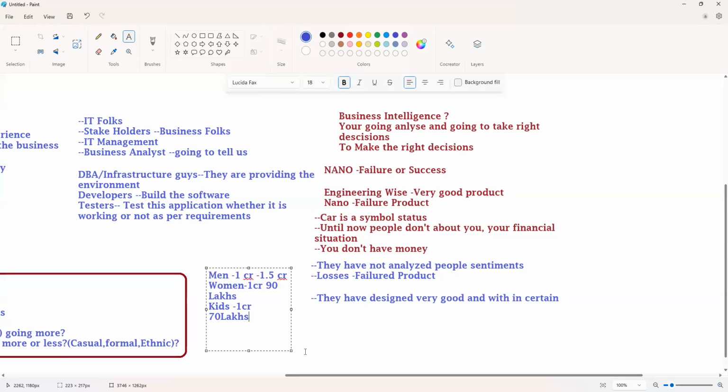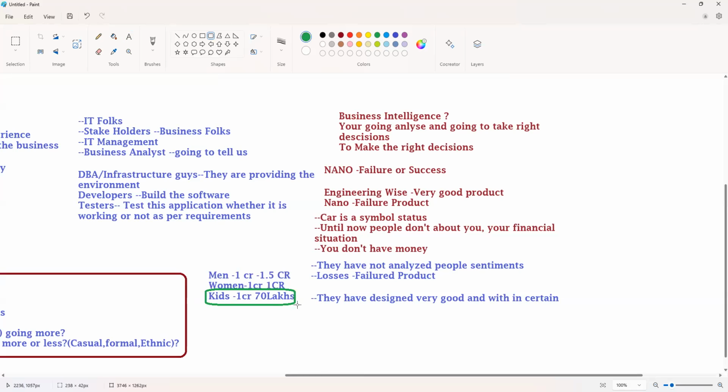Which one are you going to remove? Let's consider 1 crore only. Let's not even take 90 lakhs. Now you tell me which one you are going to continue. By taking this simple analysis, business intelligence, you can directly remove your kids business.